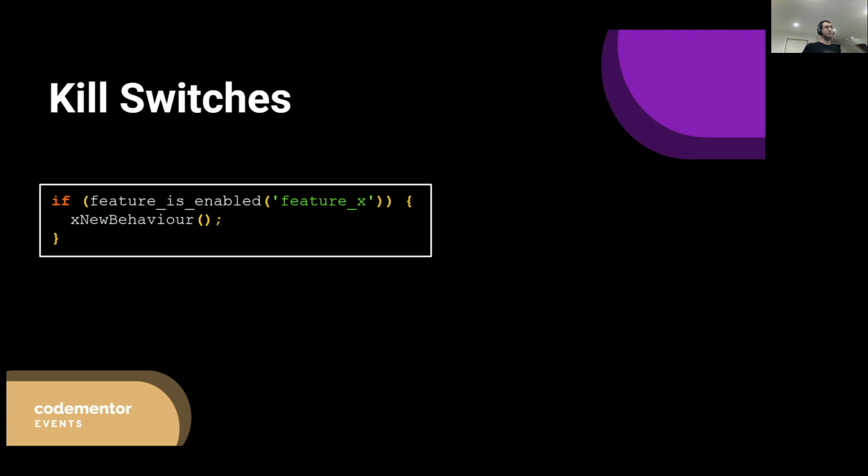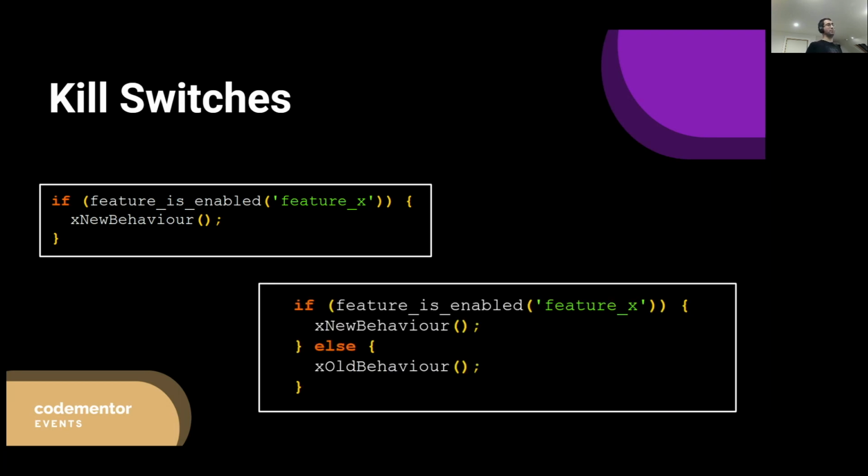And second, if we have, for example, a new version of something, you could also have something like that. So if you enable the feature X, you use the new behavior, otherwise you fall back to the old behavior. And looking at this particular example, I would also like to touch one topic that, as an engineer, I know how it could be hard for some people.